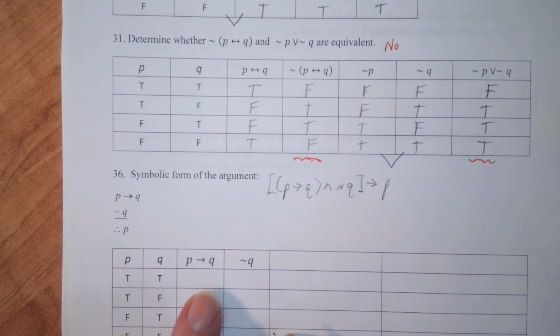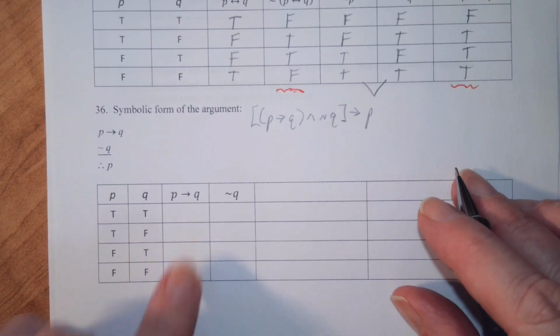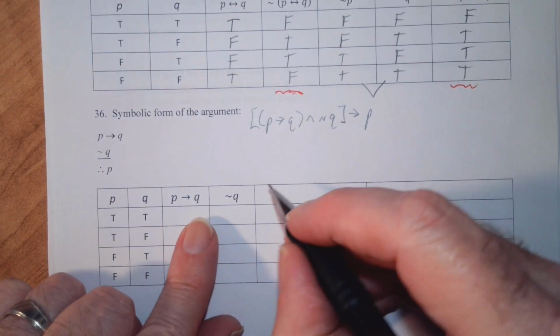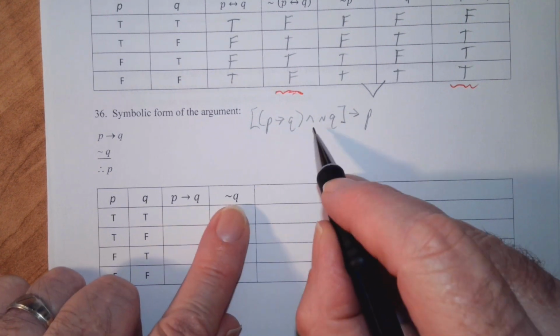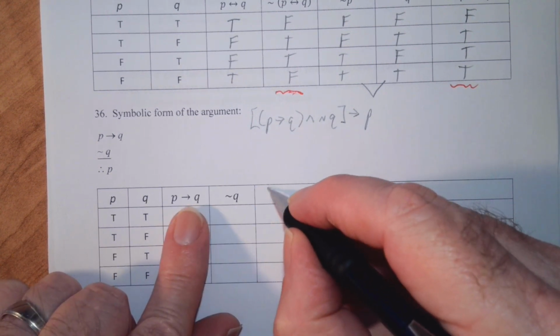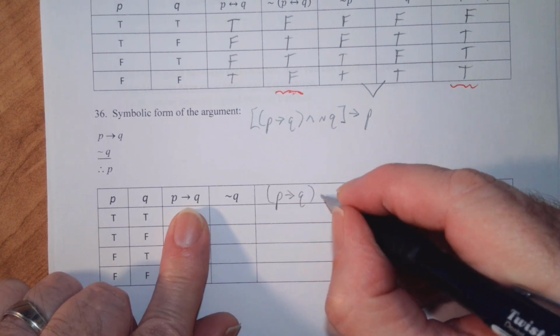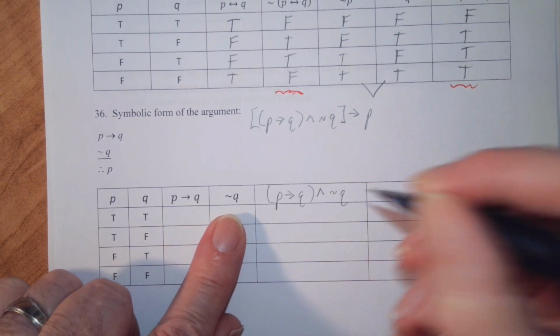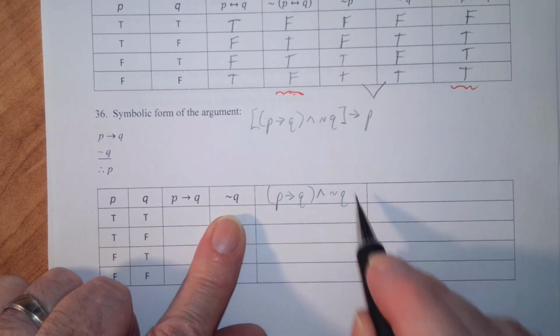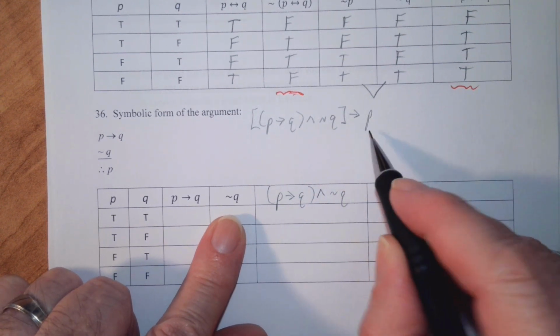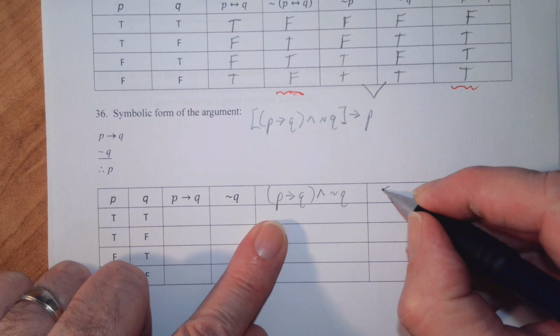I've started you off here, and we just need to complete this truth table. We have P implies Q and not Q, so we need to put these together to build the statement that we have here. Then we want to know if all of this implies P. So we'll have the final statement here.